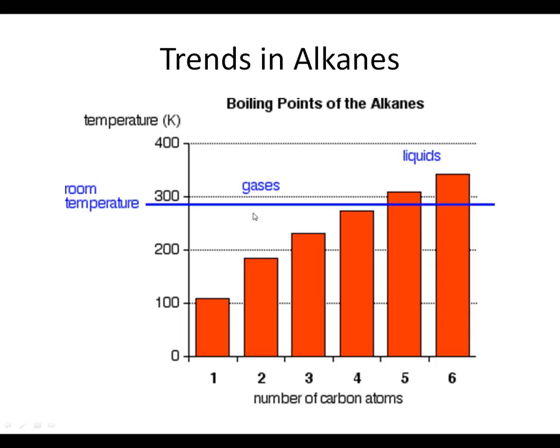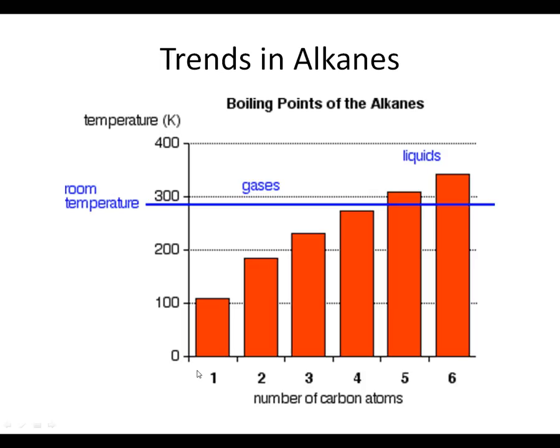If we look at the boiling point of alkanes against the number of carbon atoms, you can see the longer they are, the higher the boiling point. So the longer the chain of carbon atoms, the higher the temperature needs to be to turn it into a gas.